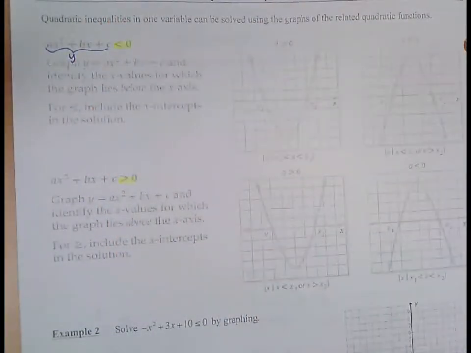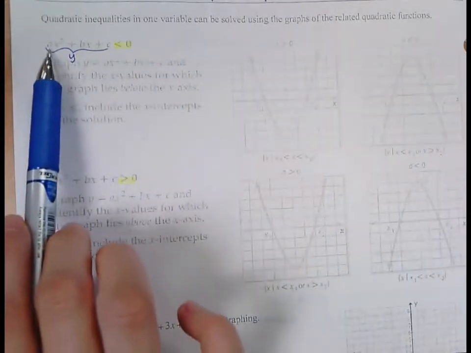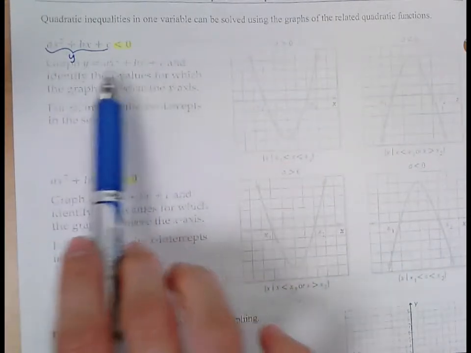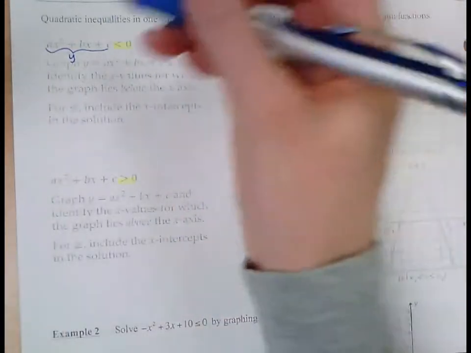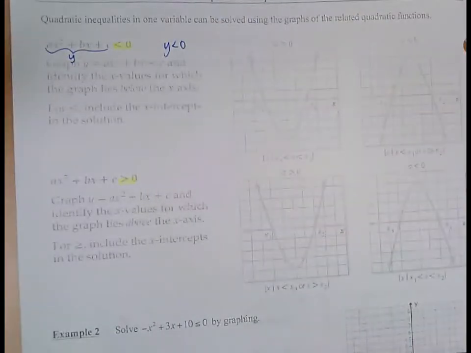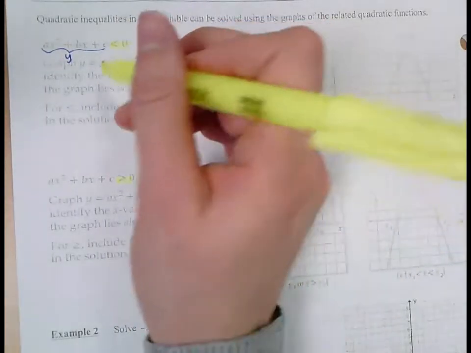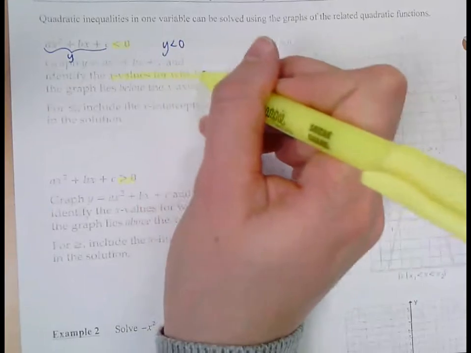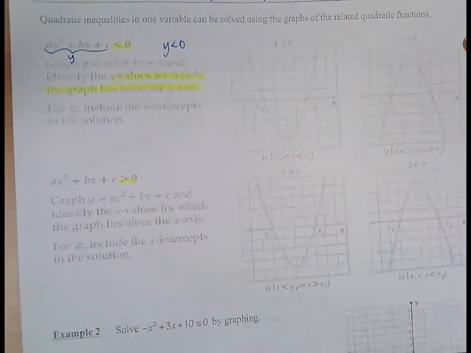If you had plugged an x value into that expression, it's giving you a y value. So it's saying to solve it by graphing, you would graph that related equation, y equals ax squared plus bx plus c. And because the inequality is saying that y is less than 0, the y values are less than 0 when the graph is below the x-axis. So you're identifying the x values for which the graph lies below the x-axis.